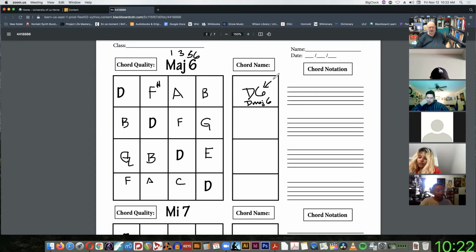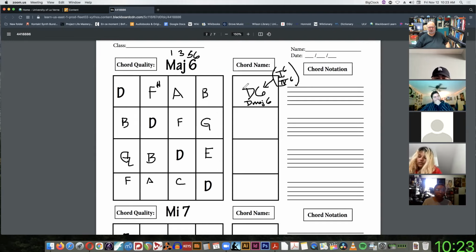Because that one could be a 1, 6 or a 4, 6, right? We don't want to confuse a D6 with the first inversion, yeah?